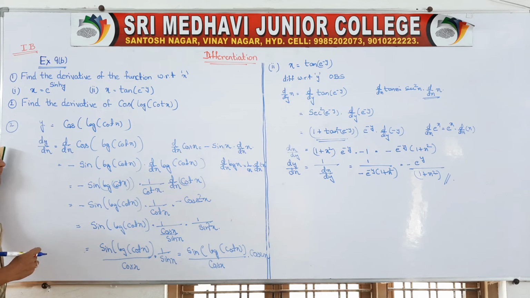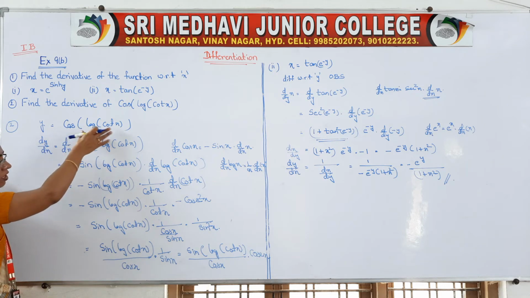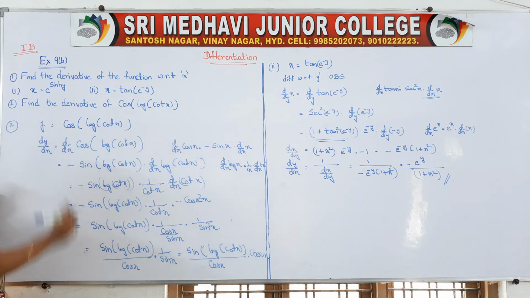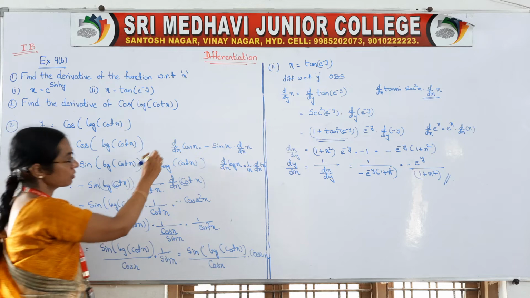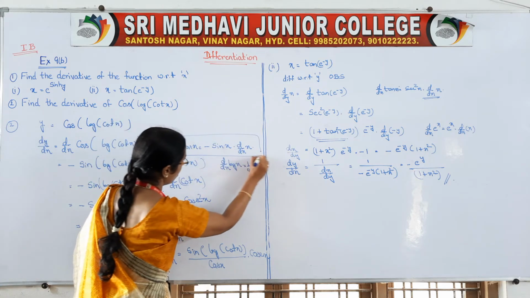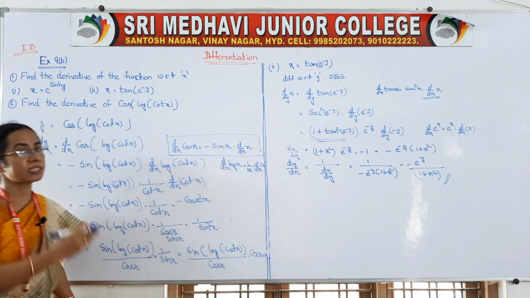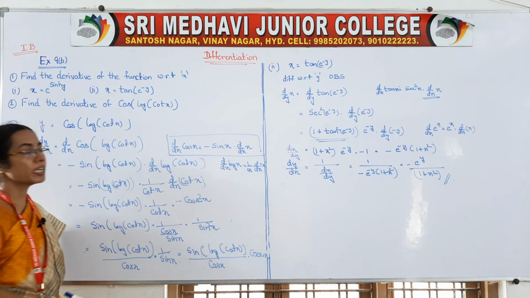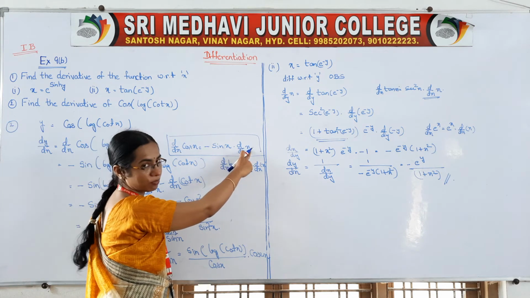And coming to the second one, y is equal to cos of something, so you have to go for the cos formula. d by dx of cos is equal to minus sine of that function into d by dx of that function.